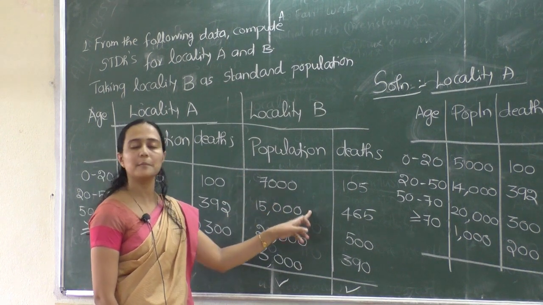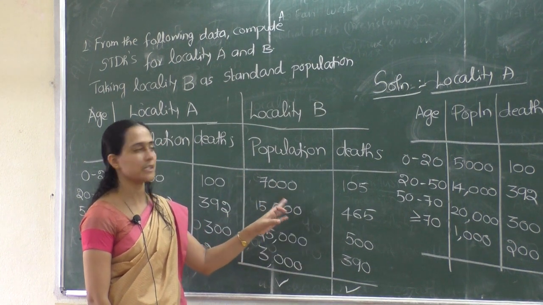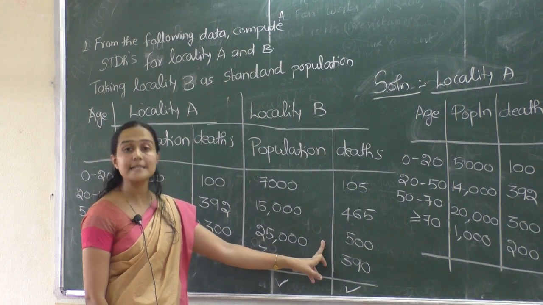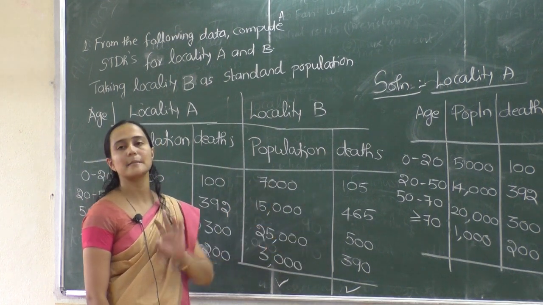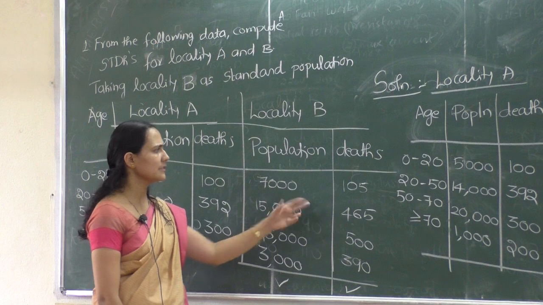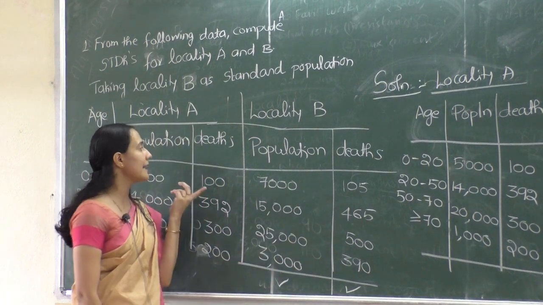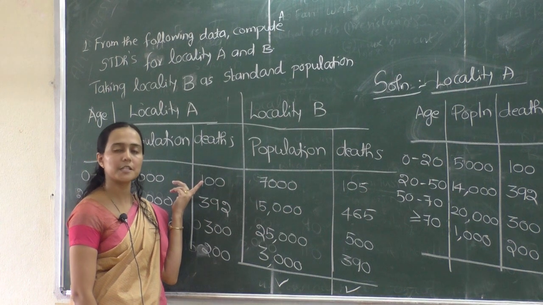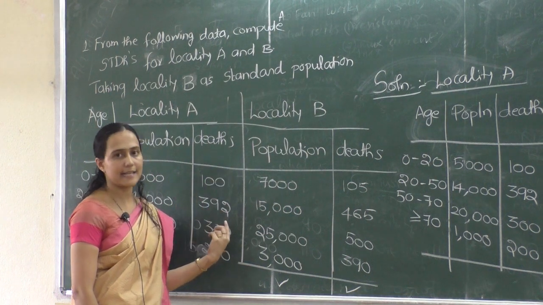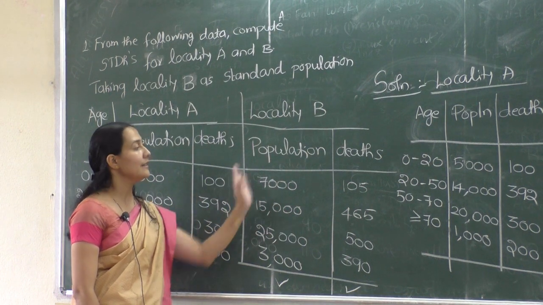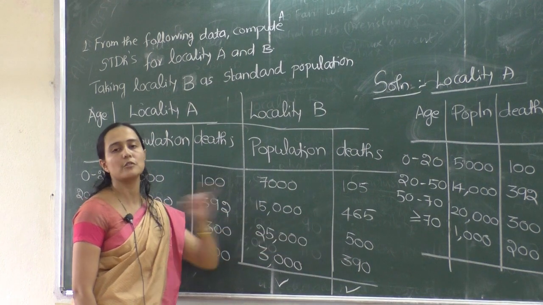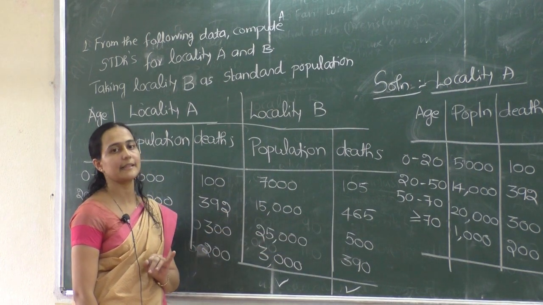Suppose locality B is taken as the standard population, means locality B's STDR is the same as CDR. So that is the case. The other we have to compute. Suppose locality A is the standard population, then for locality B we have to compute age specific death rate.